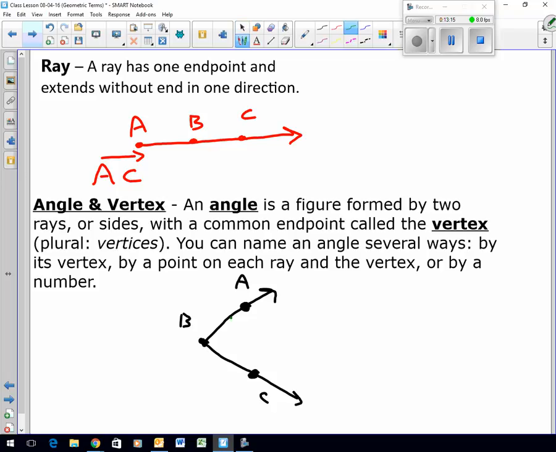And this stuff in the middle right there is what we call an angle. Okay, angles are measured in degrees. We'll get into angles a few weeks from now, right? But I have several different ways that I can name this angle, right?